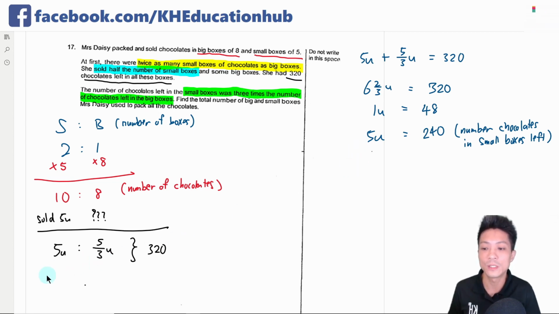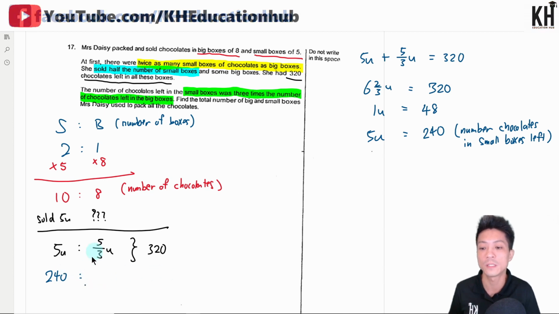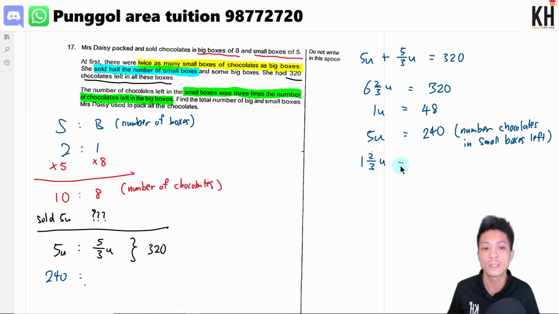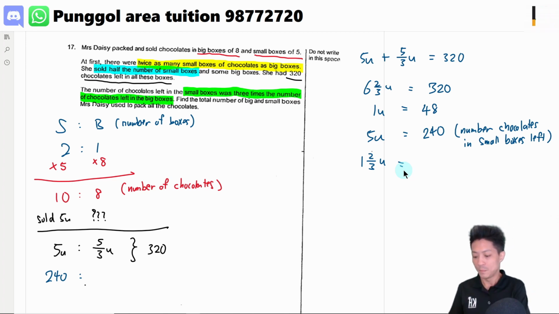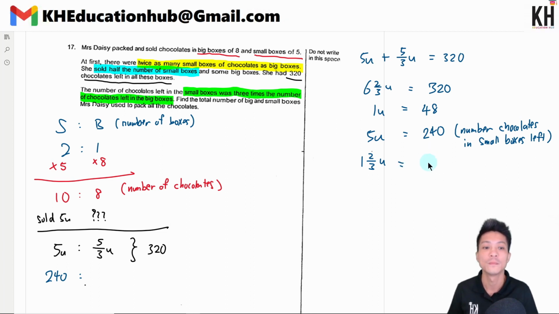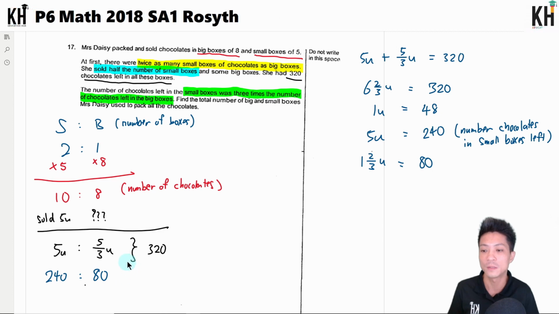So we know that this is exactly 240. For the sake of completion, I'm going to find out what the 5 over 3 unit is. 5 over 3 is 1 and 2/3 units. This is 80. I should have used 320 minus 240, that would be easier.